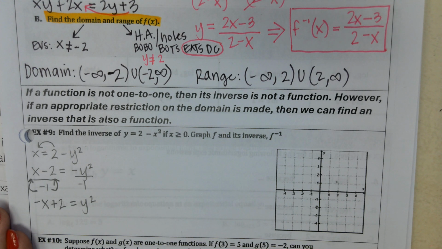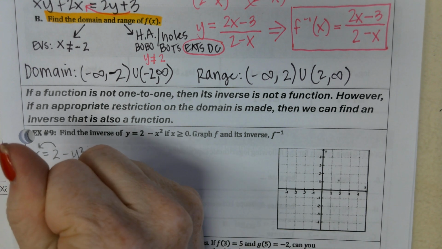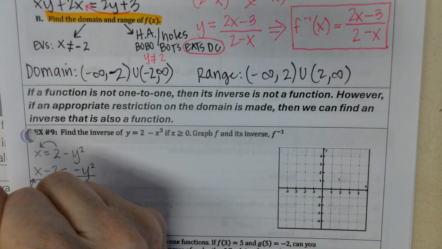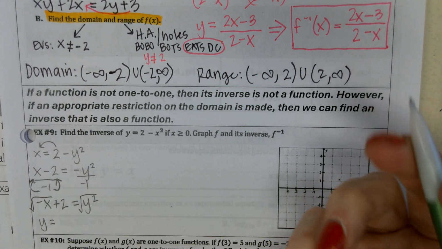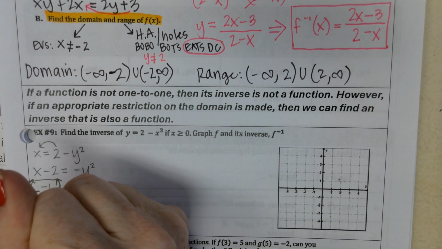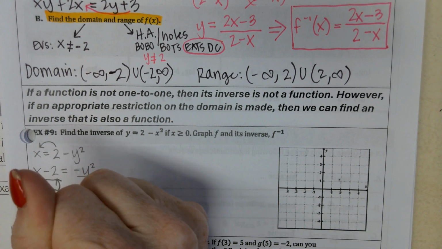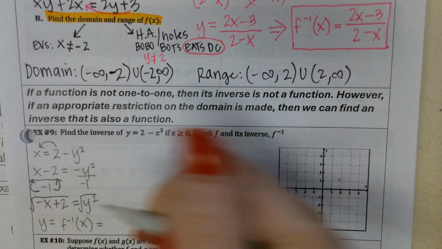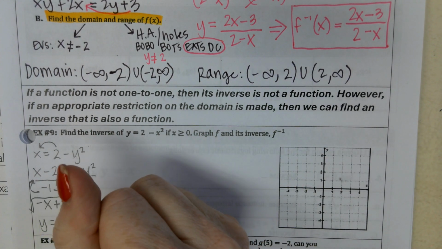And then how do I get rid of a square? A square root. Okay? So I'm going to say y equals, or better yet, I'm going to call this f inverse of x equals. All right? One other little fun fact.